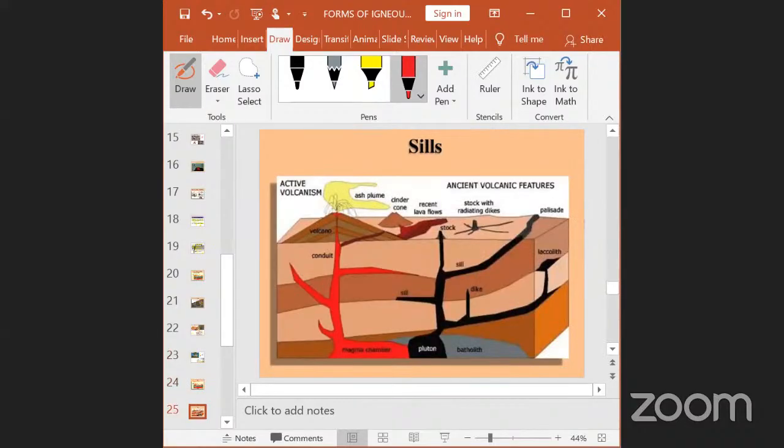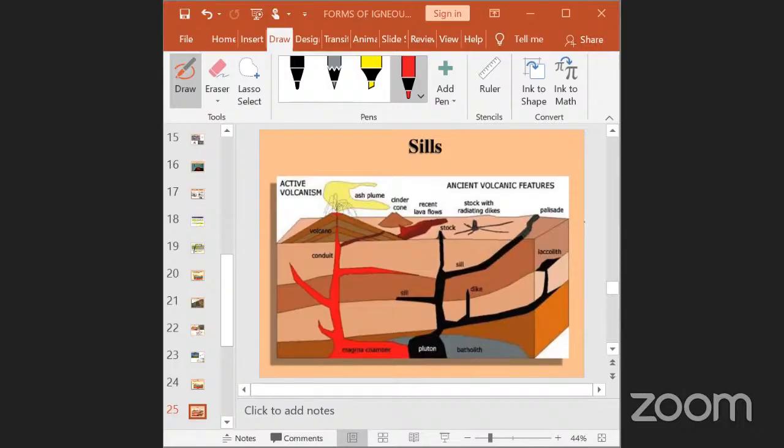Next, sills. Sills are similar to dikes in being sheet-like intrusive bodies, but unlike dikes, they are concordant.